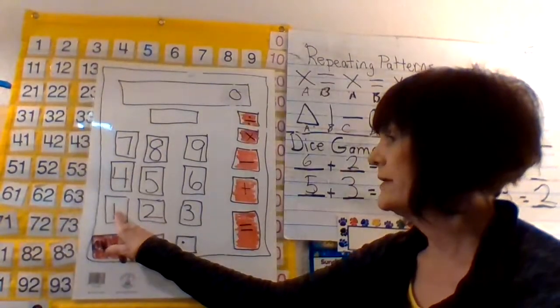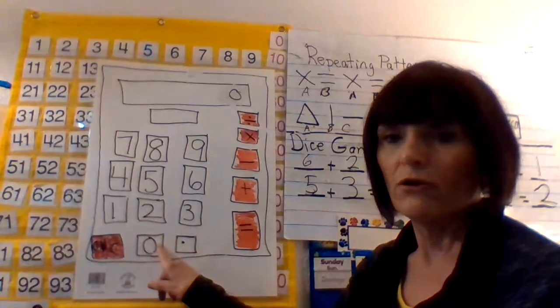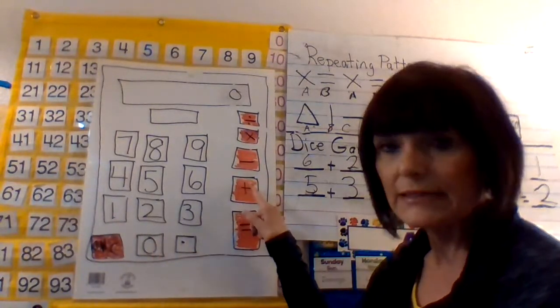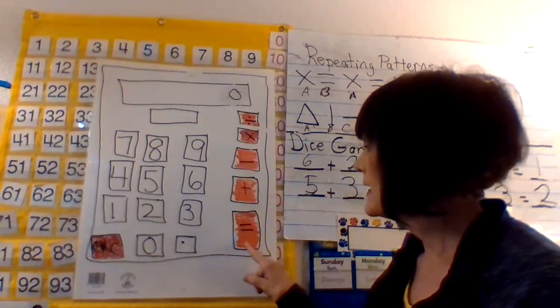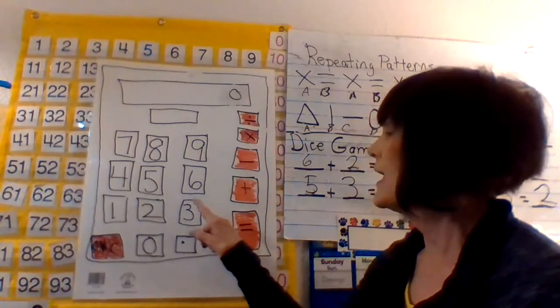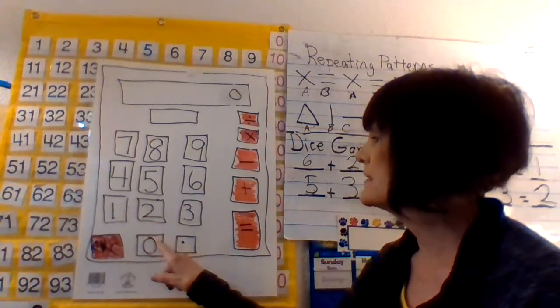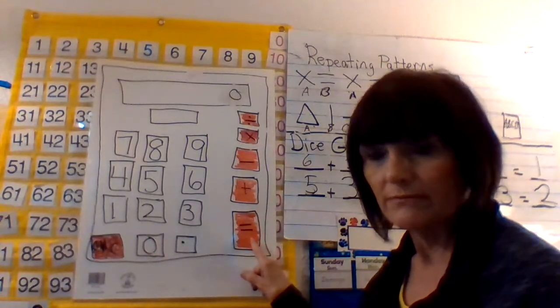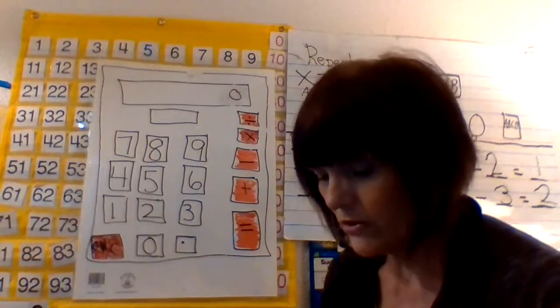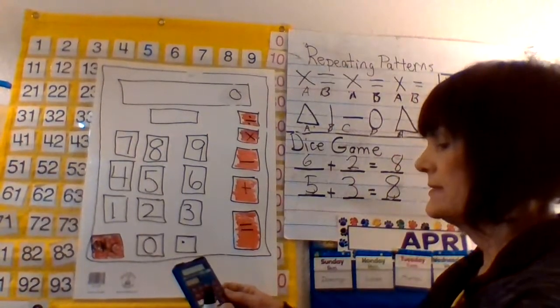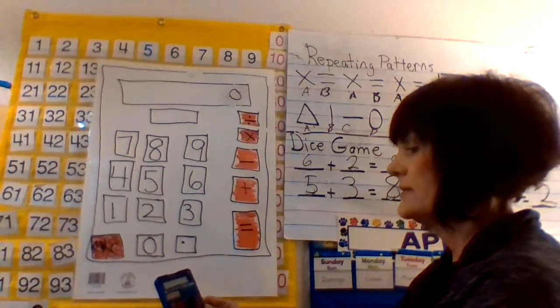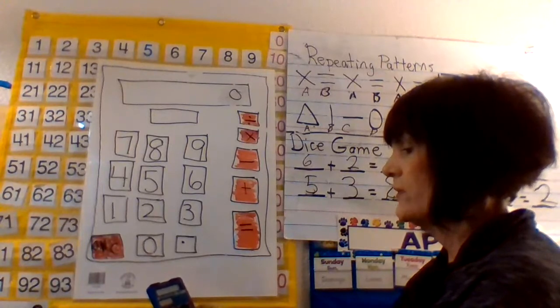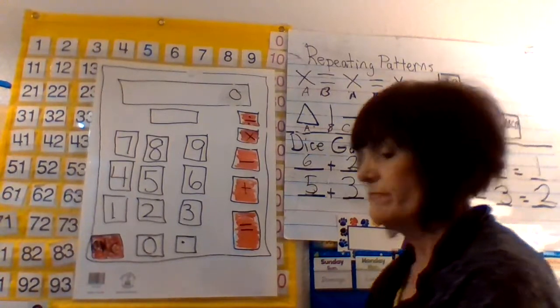Press the 1, 0, plus 1, 0, plus equals. All right, so I pressed 1, 0, plus 1, 0 equals.